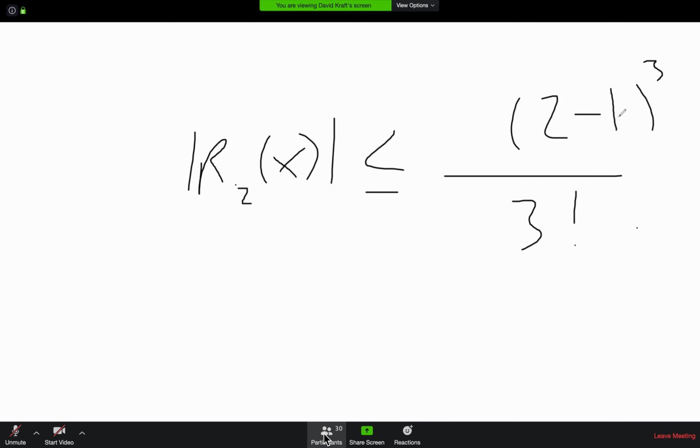Whenever it is not centered at 0, I have to put the minus. That's not just for error, that's even for a Taylor polynomial. If I have a Taylor polynomial centered at 1, then I'm going to put x minus 1 to the first, x minus 1 to the second, x minus 1 to the third. I'm going to use x minus a everywhere.